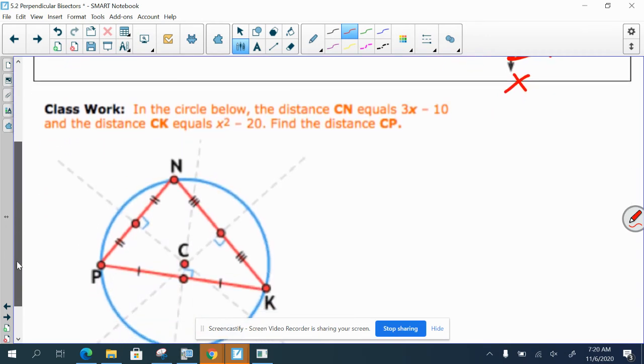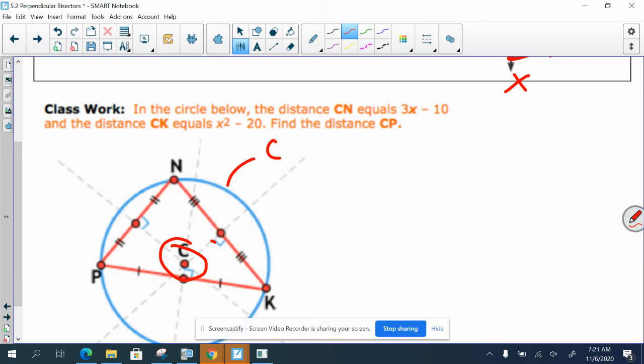So here's an example for you. It says that CN equals 3x minus 10. So here you have, how do you know what point C is? Well, you see how you've got a triangle and you've got the perpendicular bisectors. So you see the three perpendicular bisectors here that are marked at the right angle, and you have a circle that is circumscribed around the triangle.